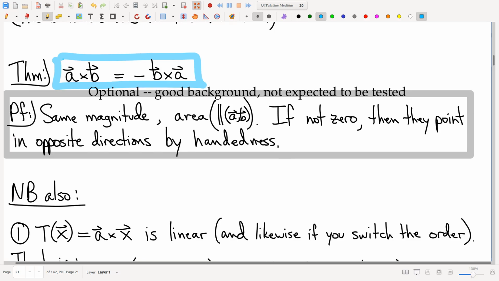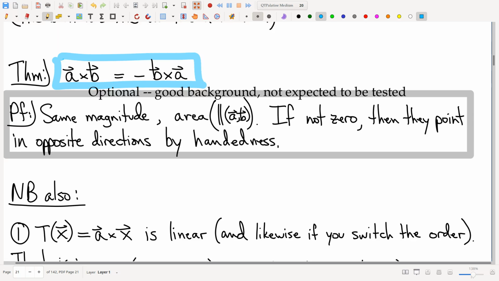Cross product does have some nice algebraic properties. Again, you've probably seen some of these in linear algebra classes. You may have. I won't assume. But it's not commutative. When you switch the 2 vectors in the cross product, you don't get the same thing. That's the bad news. The good news is you do get something predictable.